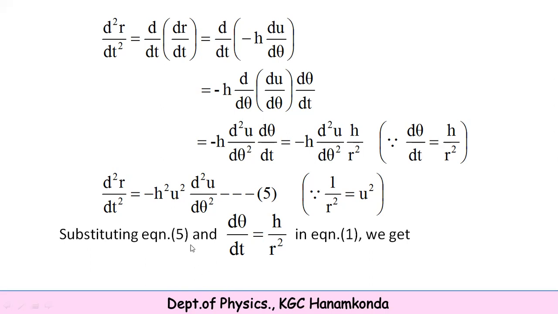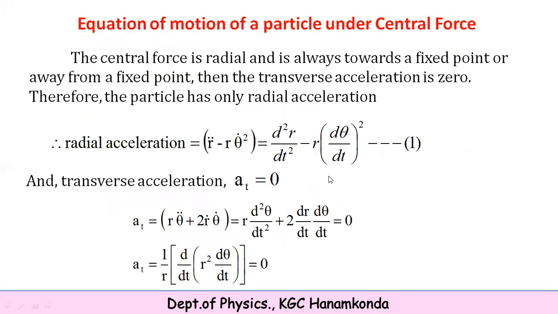Substituting equation 5 and d theta by dt equals h by r square in equation 1. See here in equation 1, the particle possesses radial acceleration. Here you find the two terms, d square r by dt square minus r into d theta by dt square. That is why we have calculated d square r by dt square and d theta by dt.